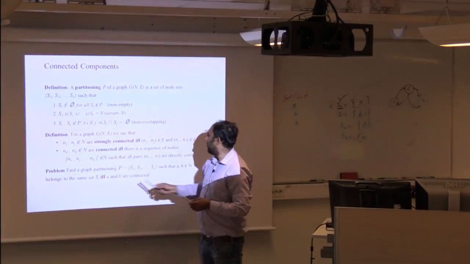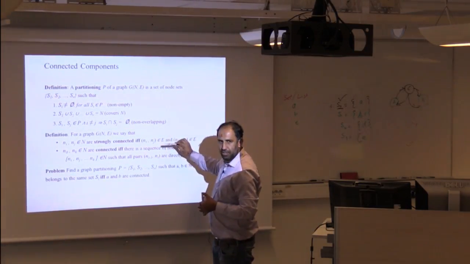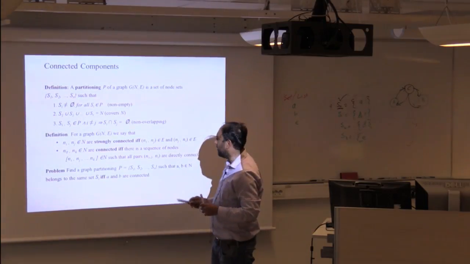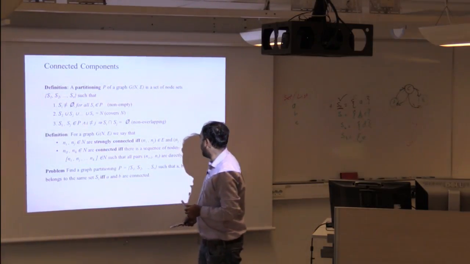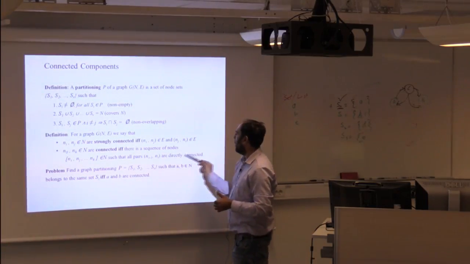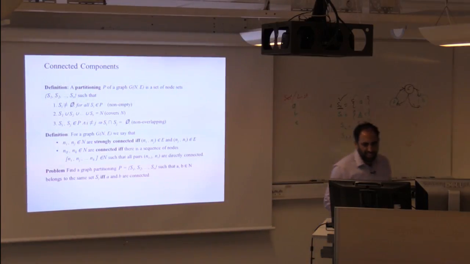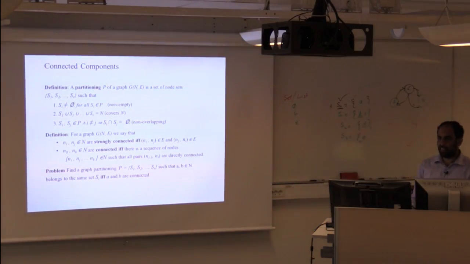So the condition between strongly connected and connected is that there must be an edge between two nodes connecting in both directions. But if you do not have an edge, and rather have a sequence of nodes such that all pairs are connected, then we call them connected components.